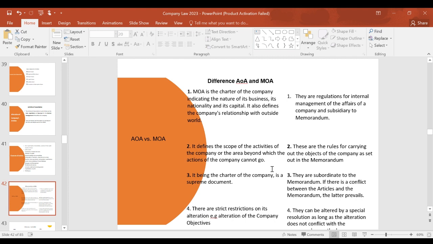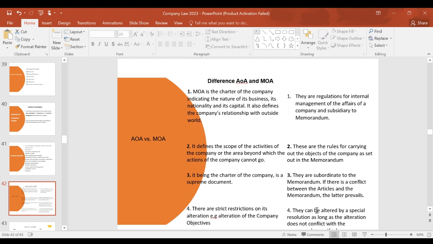Lastly, under these differences, in the event of alteration, the articles of association are easily altered.